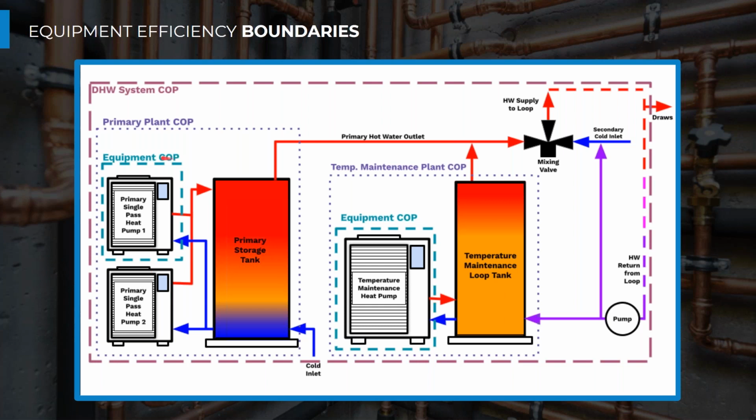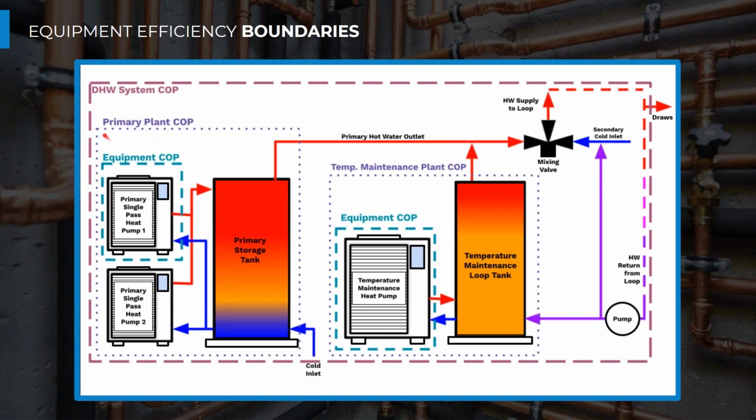So it's not necessarily telling us how efficient the whole system will be when there are multiple heat pumps and we're seeing the impact of the climate and the climate conditions on those heat pumps.